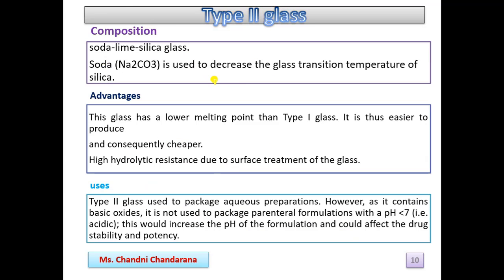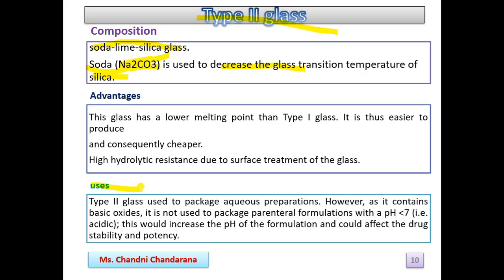Now we will see type 2 glass. Type 2 glass is also known as soda lime silica glass. So it is made up of soda. Here Na2CO3, sodium carbonate, is used to decrease the glass transition temperature of silica.